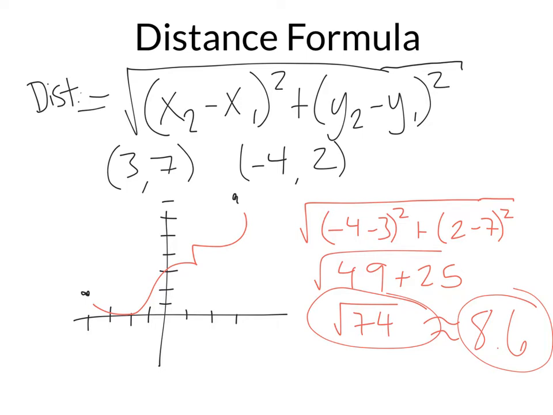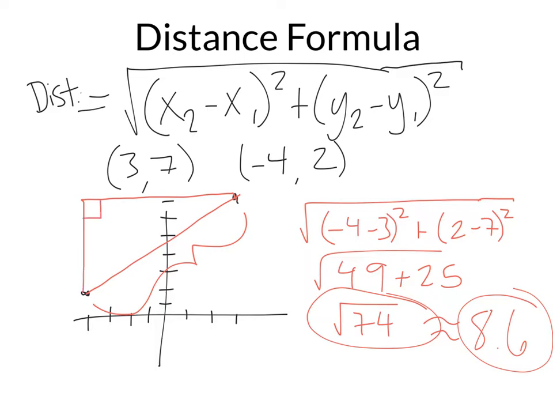All right. There's a couple things I want to talk about now. We said that this is somewhat related to our Pythagorean theorem. Why is that? Well, I'm trying to find this length right here, right? Now, if I were to move horizontally from one point to the next and be right at the same spot, like right above it, and then I were to move vertically right down, I have just created a right triangle.